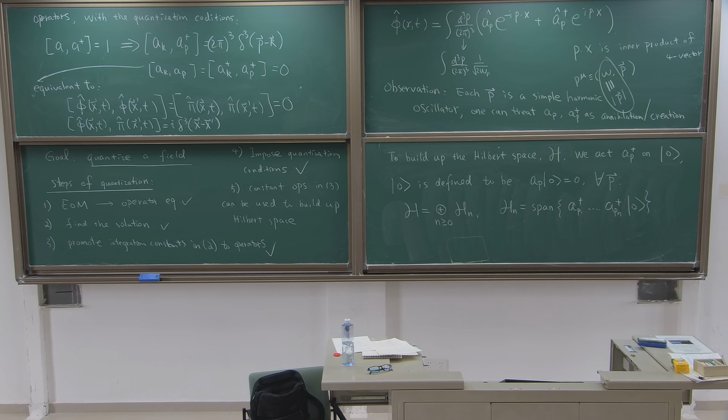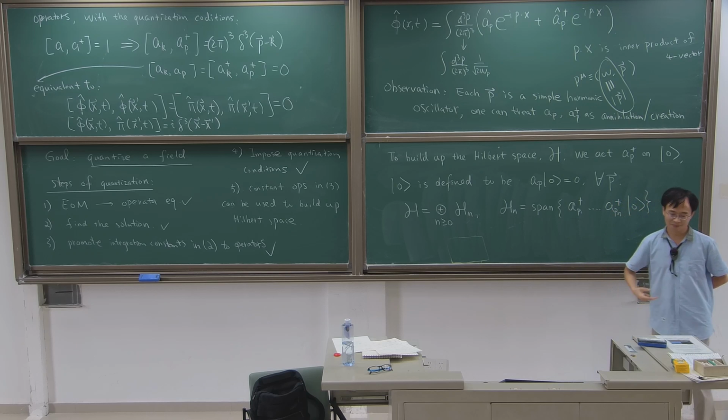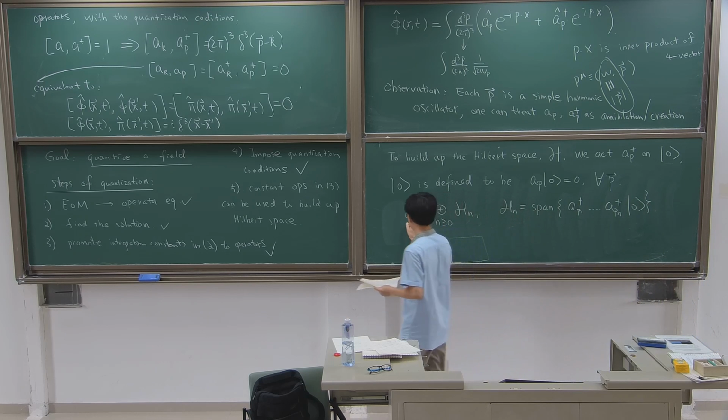You can classify your space into different categories. You can say I look at the n particle space, or I look at something else. That's how to divide your space. So this is the final Hilbert space. Sometimes we call this the Fock space.